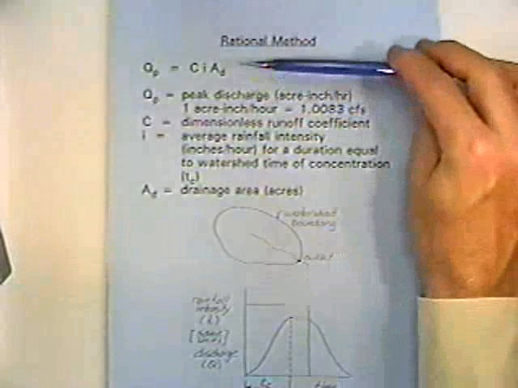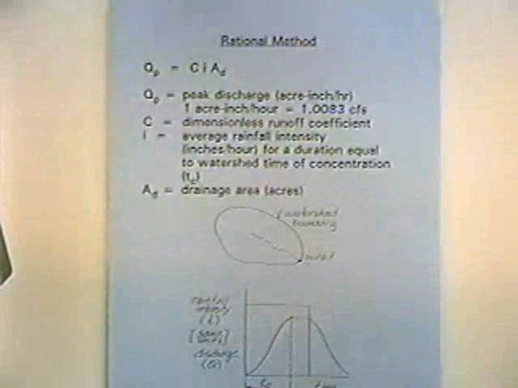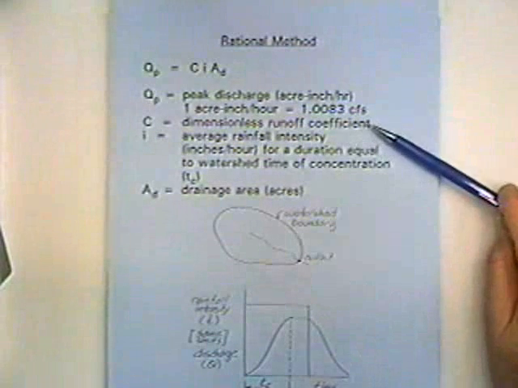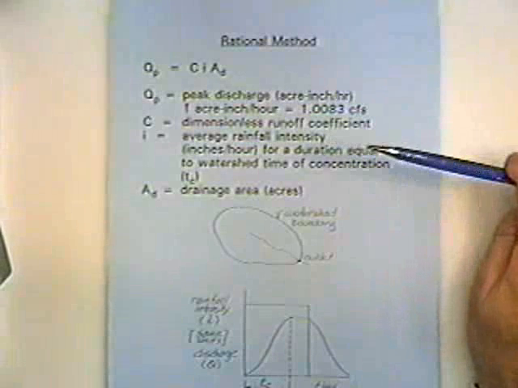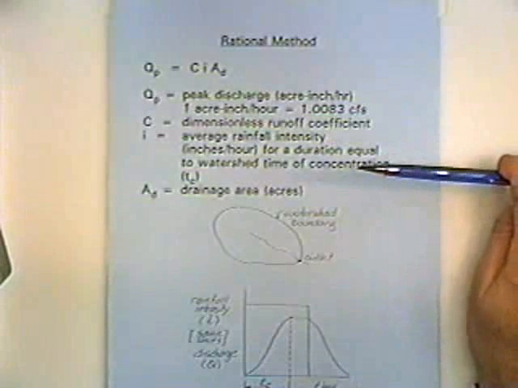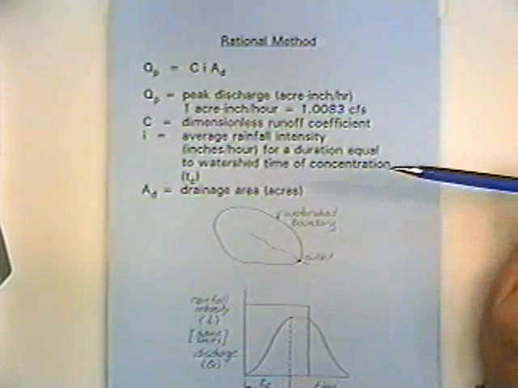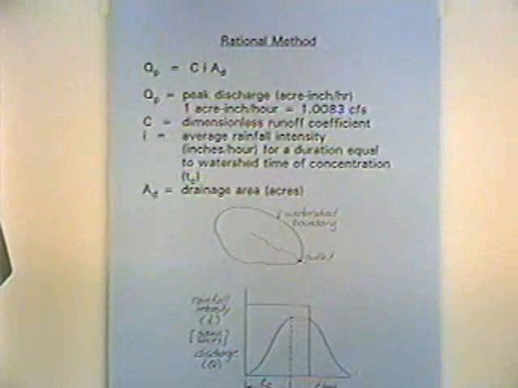But essentially, it is a dimensionally correct, consistent equation that you can use any dimensions in. The C is a dimensionless runoff coefficient, and I is an average rainfall intensity, for a duration equal to the watershed time of concentration, the T sub C. And the A is a drainage area.